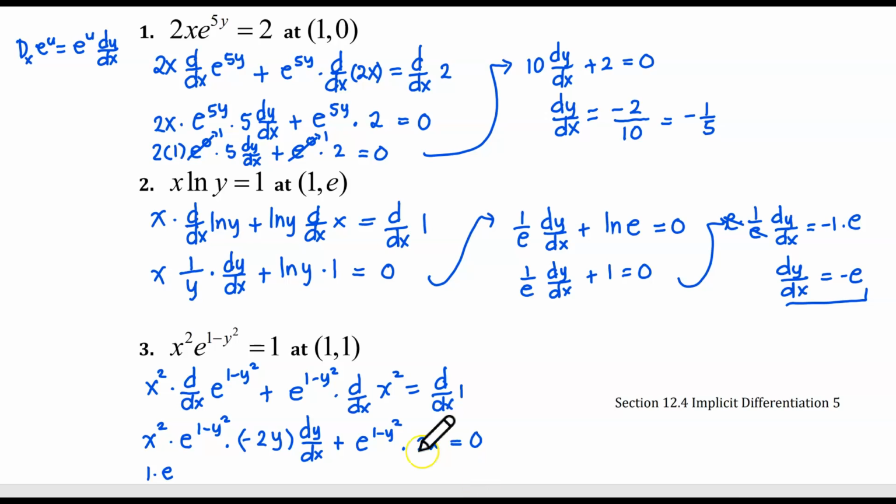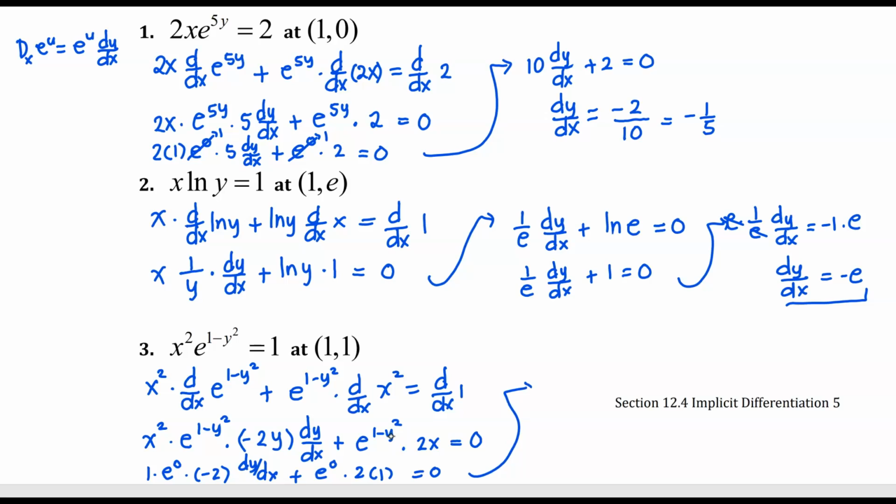And e to the 1 minus 1 is e to the 0, times negative 2 times 1 is negative 2. And then you just copy dy/dx here, plus, again, this is 1 minus 1. So that's e to the 0 times 2 times 1. And that is equal to 0.